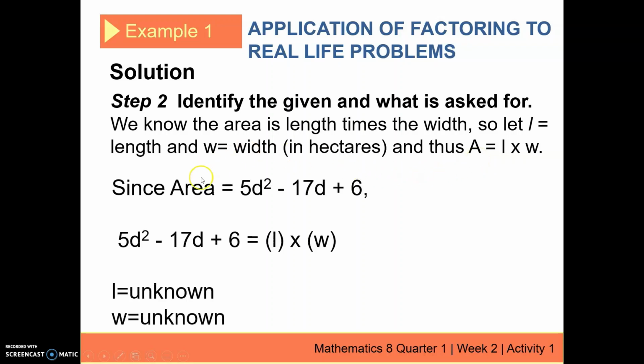Now, since the area given from the problem is 5d squared minus 17d plus 6, we can say that 5d squared minus 17d plus 6, the area, is equal to length times width, where the length and the width are both unknown.